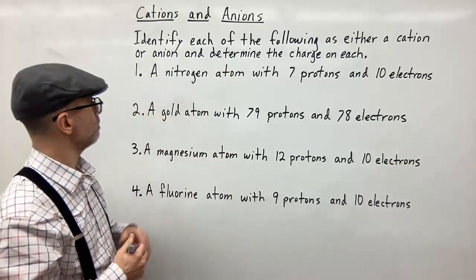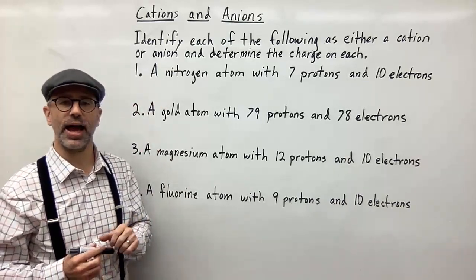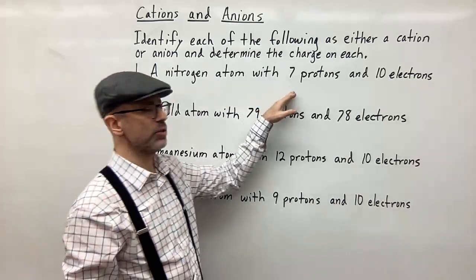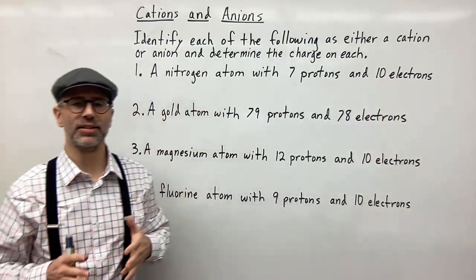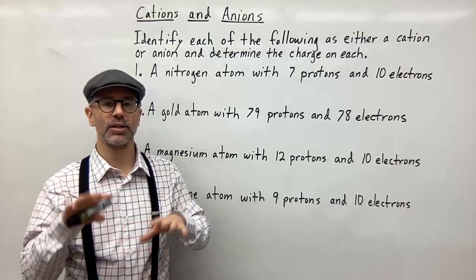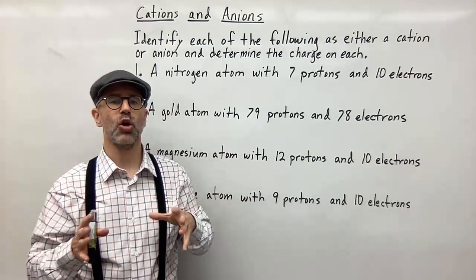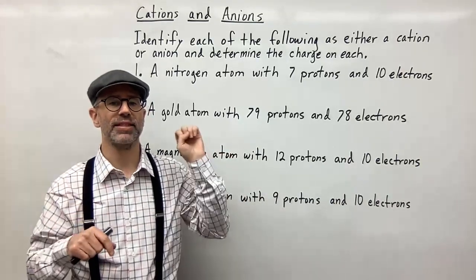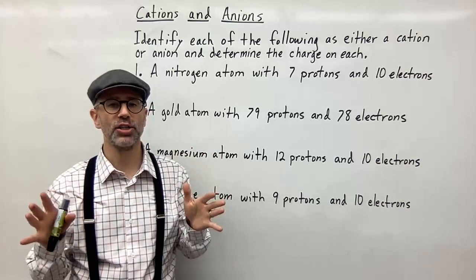So let's look at problem number one. You have a nitrogen atom. It has 7 protons and 10 electrons. Remember, an ion is going to have charge based on the balancing of positive protons and negative electrons. If you have the same number of protons as electrons, then you're going to have no charge on your atom.